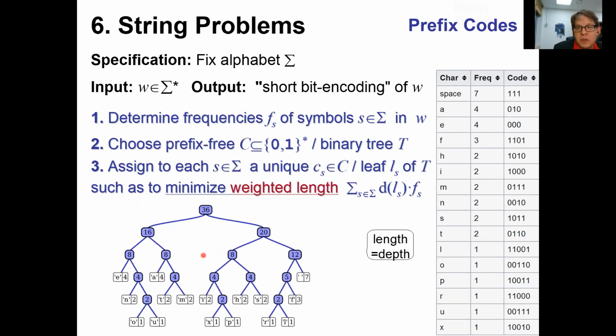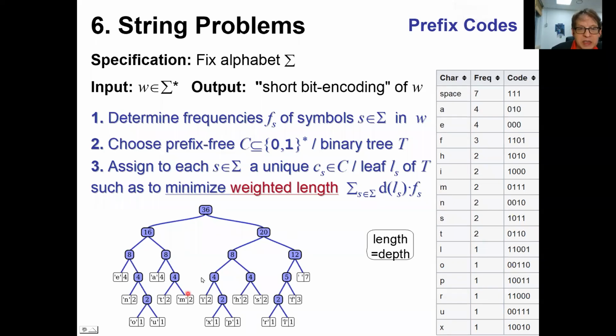It doesn't need to be unique, because you can already see here in the table that several symbols have the same frequency. So replacing or switching symbols of the same frequency could give rise to different codes that still have the same minimal length.